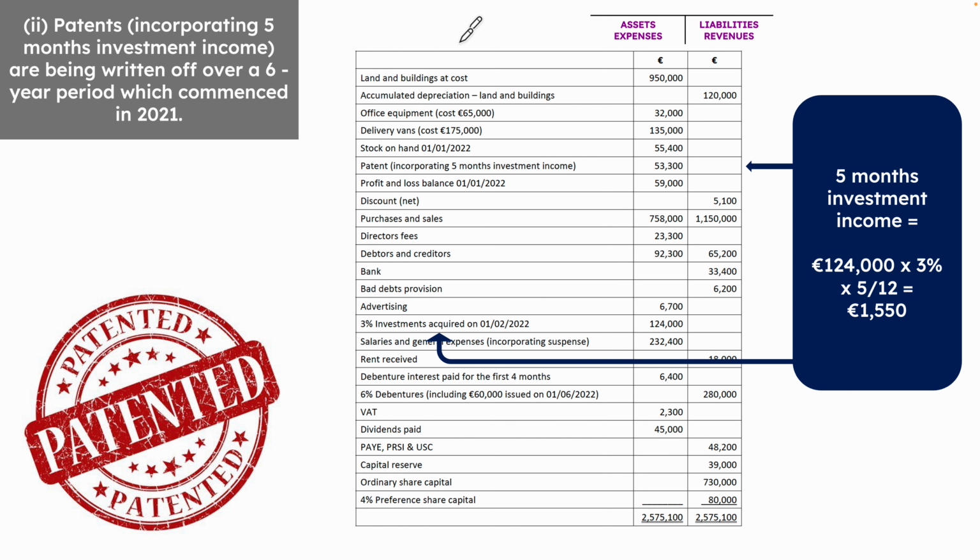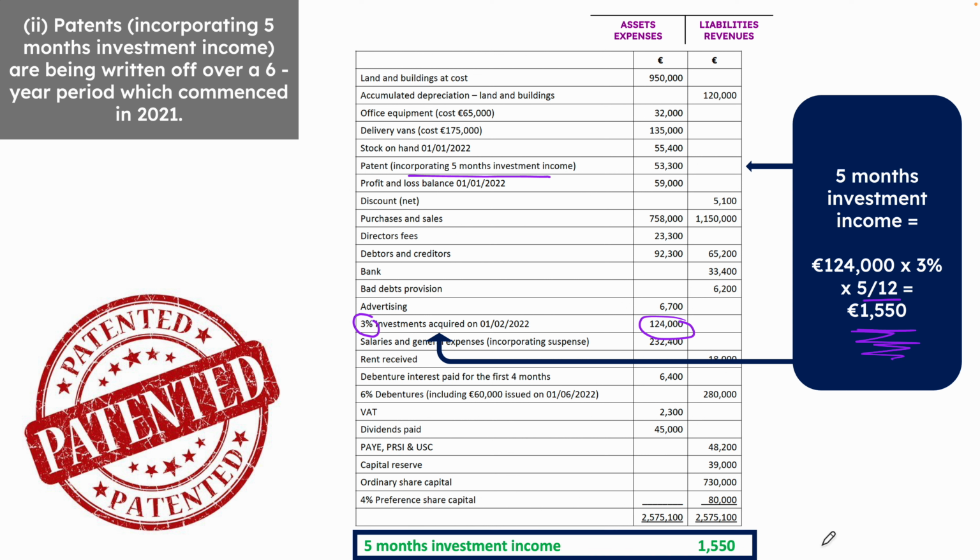So 5 months investment income that was put in the patent account is worth 1,550 when you top that up, because you've got your investments here, 124, 3% of them, and multiply that by 5 over 12, that is 1,550, okay? Now, where should investment income have gone? The bookkeeper should have put investment income into the 1,550, but it actually went into the patent account. So for us to fix the patent account, we have to enter the investment income where it should have gone.